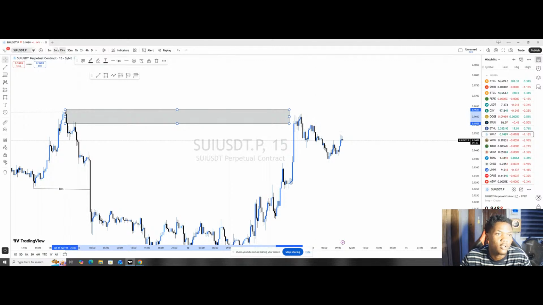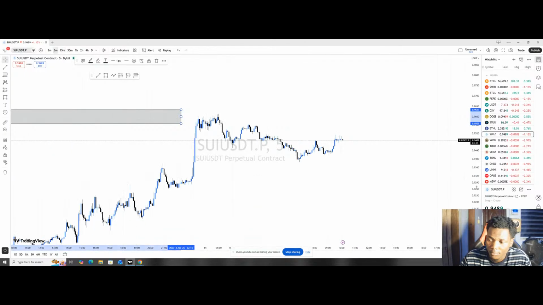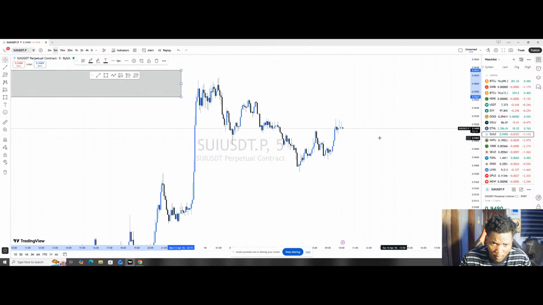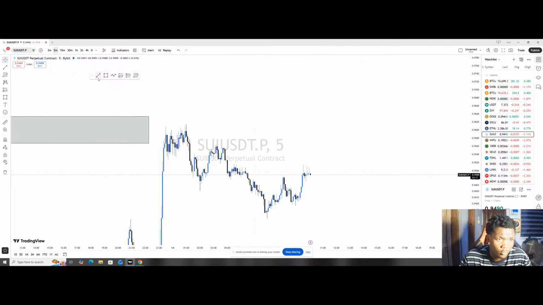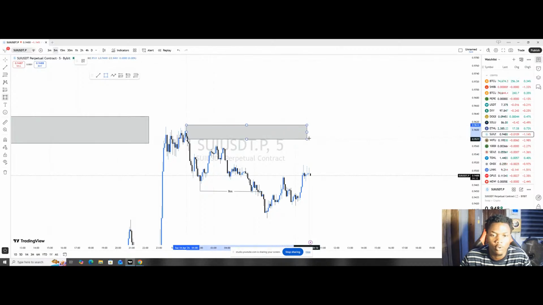So let me go to the 5 minutes. As you can see, we have our break. So we can actually trade from this to this one. So now our break of structure. I'm looking to trade from this other block.